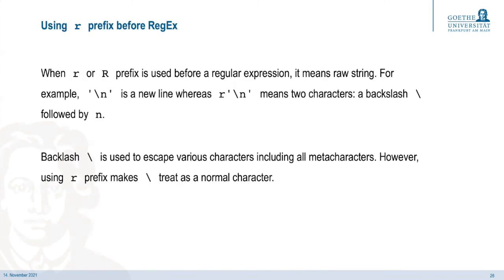Using the R prefix before regular expressions. When the letter R, no matter if lowercase or uppercase, is used before a regular expression, it means a raw string. For example, \n is a new line, whereas r"\n" means two characters, a backslash followed by an n.